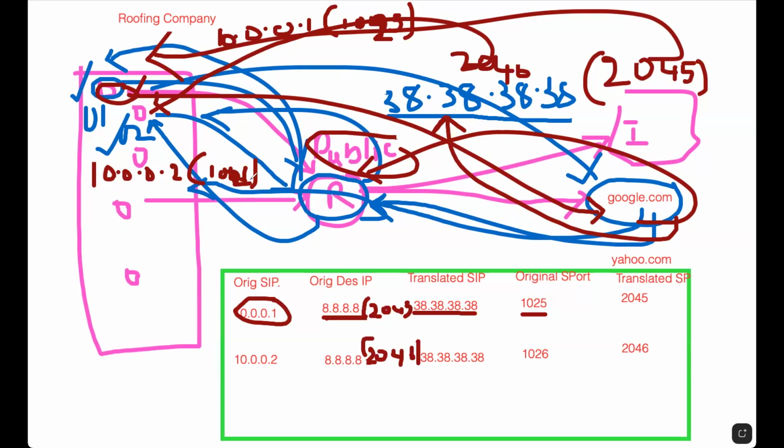Sir, the original source port is the port which is translated between the system and the router, and the translated port is the port translated between the router and the internet or the web server. Is that right? Why do we use the translated source port? If we don't use a translated port, how does the router know which port to go to?